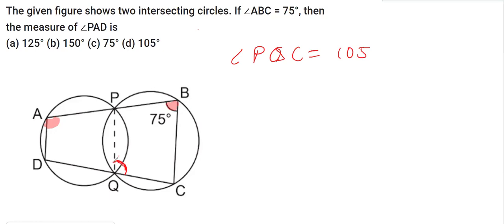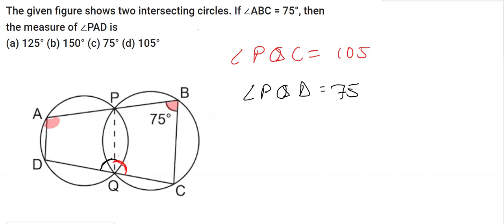Now further, applying linear pair, the value of angle PQD is 180 minus 105, that is 75.